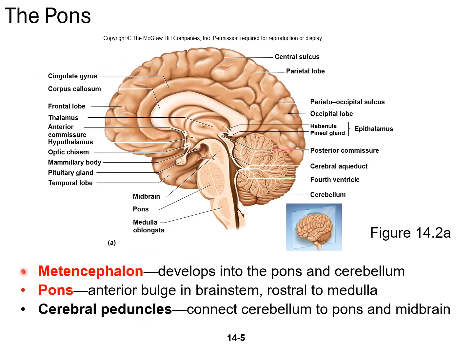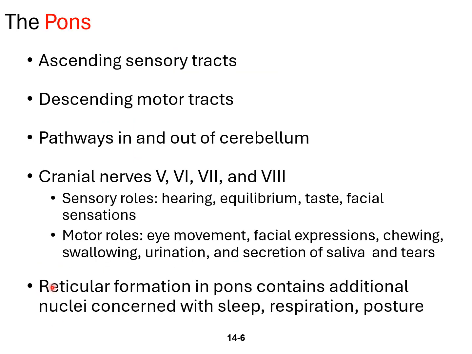So the metencephalon develops into the pons and the cerebellum. The pons is the anterior bulge, and then the cerebellum is what is right behind it. The pons has ascending sensory tracts and descending motor tracts. So there are pathways in and out of the cerebellum also, so it goes backwards.